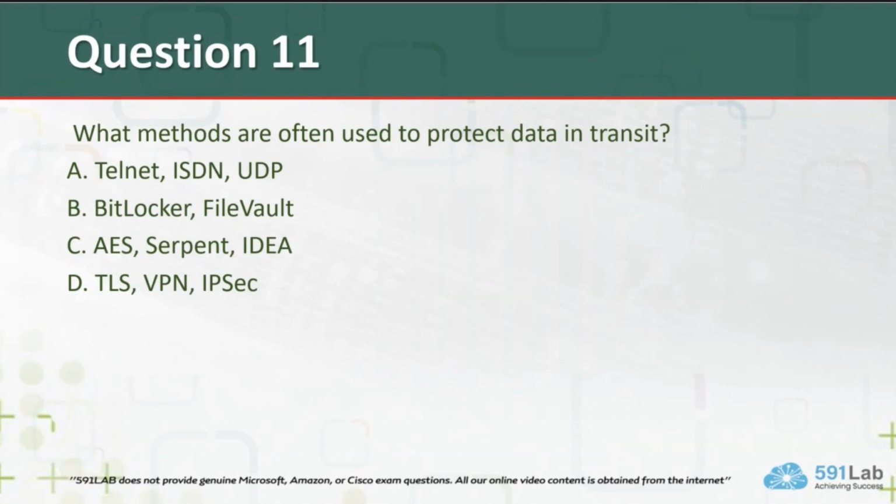Next one, what methods are often used to protect data in transit? Is it Telnet, ISDN, UDP? Is it BitLocker and File Vault? Is it AES, Serpent, IDEA, or TLS, VPN, and IPsec? I'm going to give you a minute to answer.